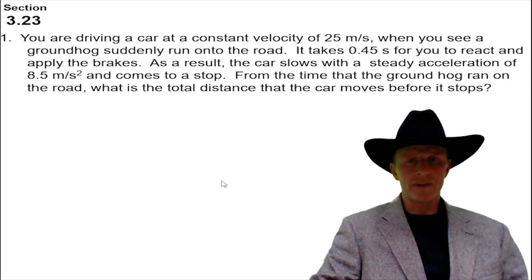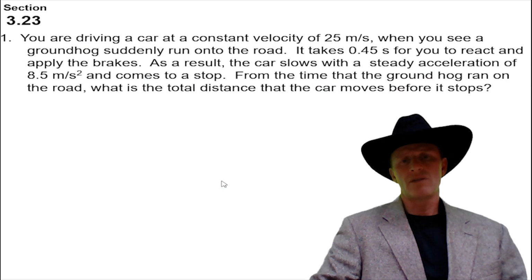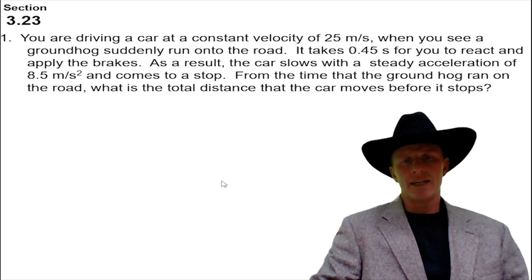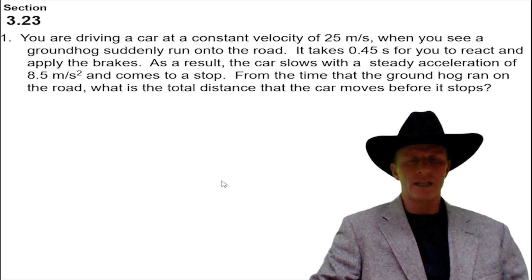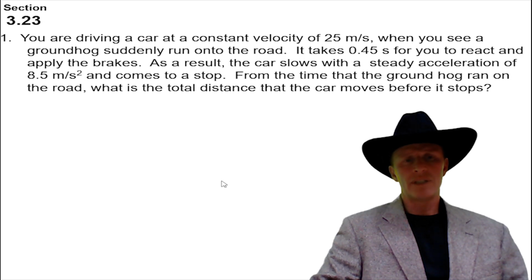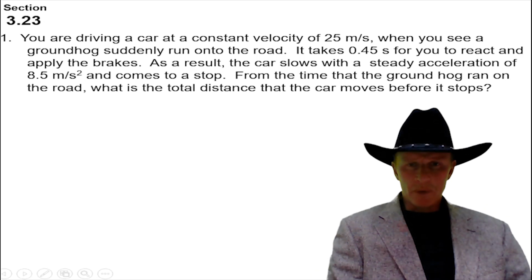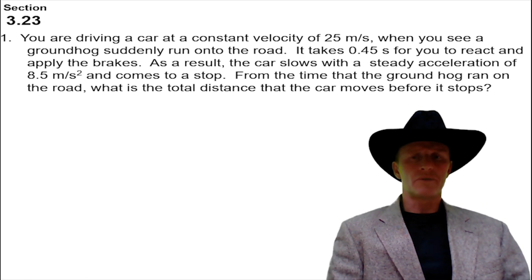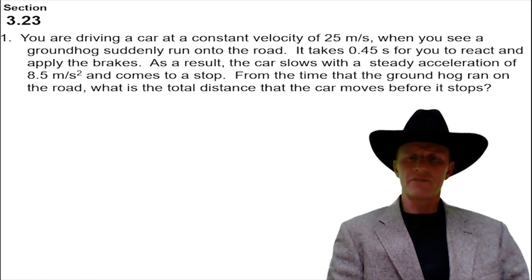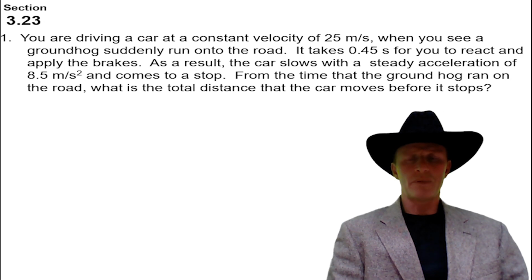So let's say you're driving in a car and you see a groundhog jump on the road, and it takes you a certain amount of time to react and put the brakes on. As a result, you slow down with steady acceleration and come to a stop. If we were drawing the dots, we would have evenly spaced dots at the beginning. The groundhog jumps on the road for 0.45 seconds, and those dots are still evenly spaced.